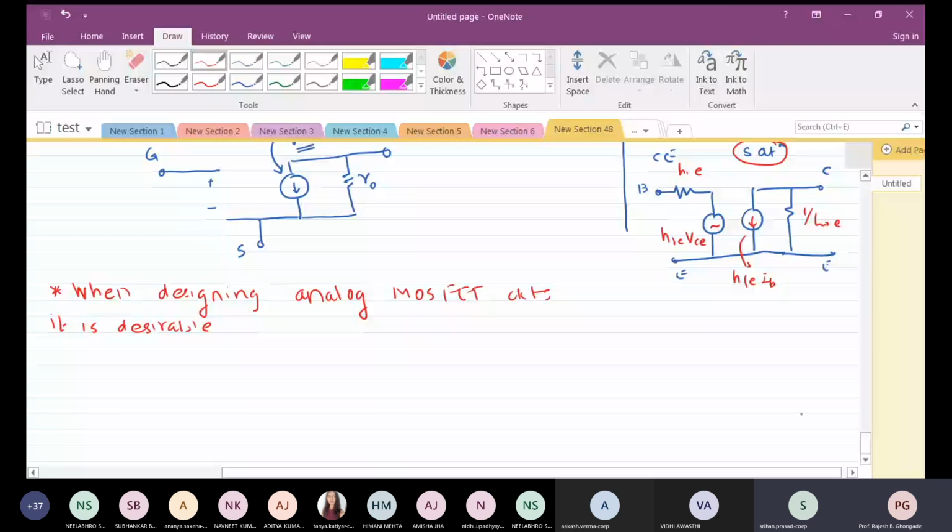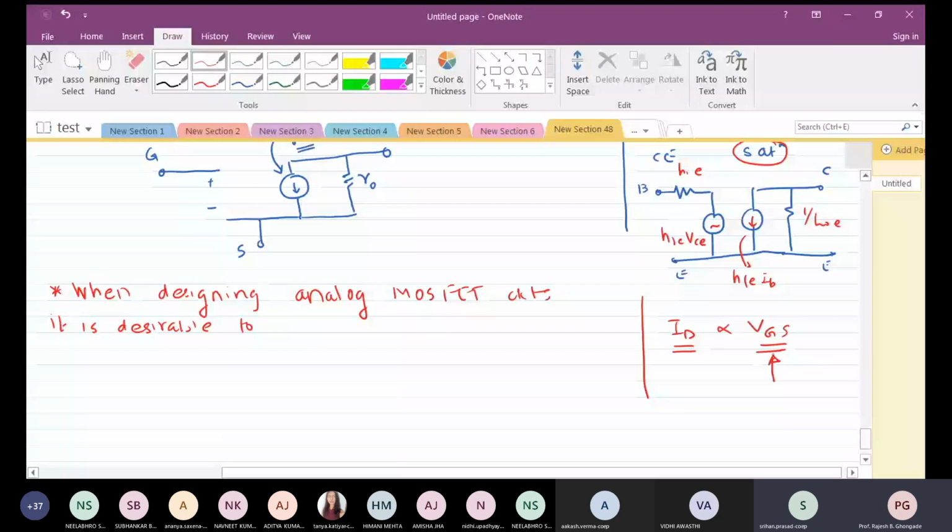So in other words, who sets up the value of ID in a MOSFET? Who sets up the value for ID? Which parameter? Which voltage? VGS. Very good. So we have to find out the correct value of VGS.